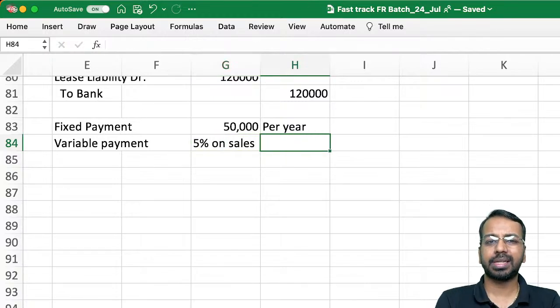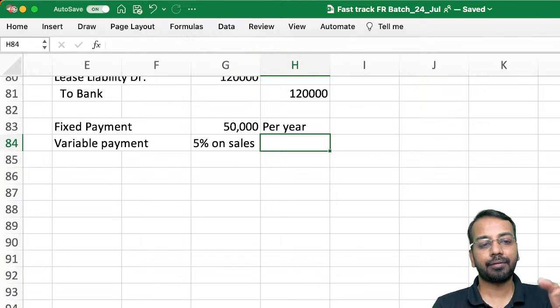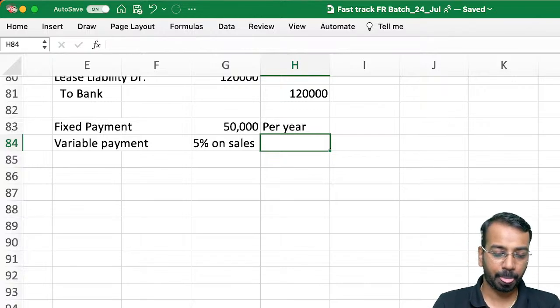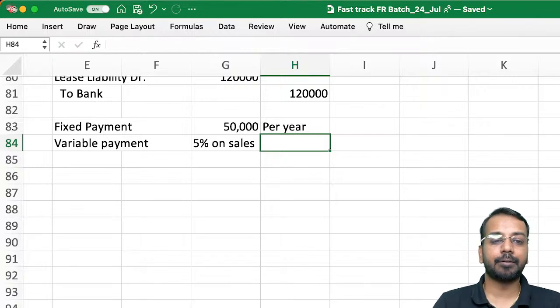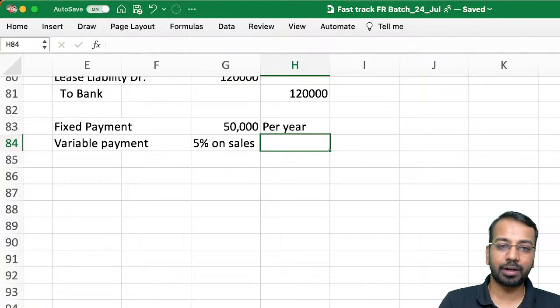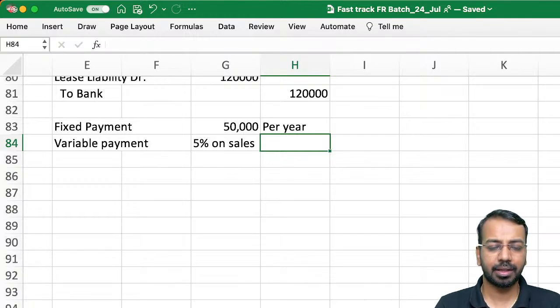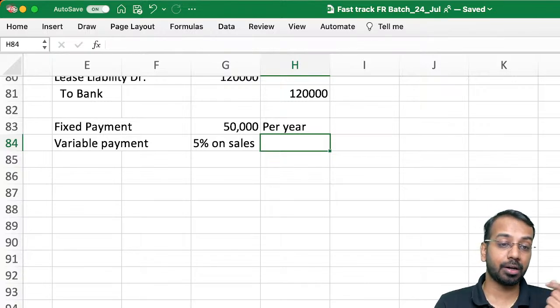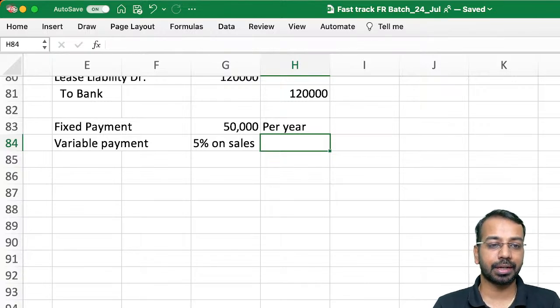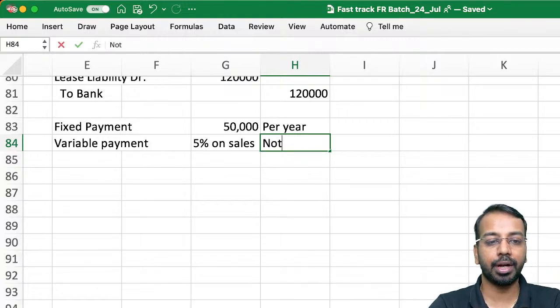So the mall owner said whatever sales you make, out of that 5% you pay us. Now, is this 5% determined? Can I say today what will be this 5% payment every year? I will not be able to say, because the variable payment depends on sales. Sales are futuristic, right? So if there is a variable payment like this, it is not included.